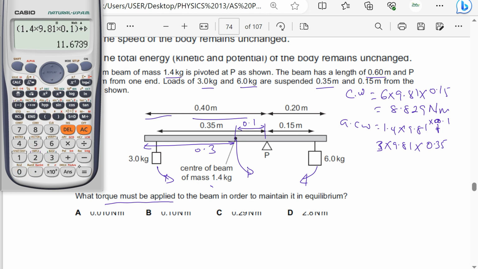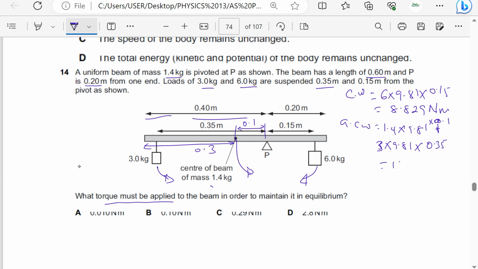So this is giving me 11.6739. So we notice that the anticlockwise moment is greater than the clockwise moment.